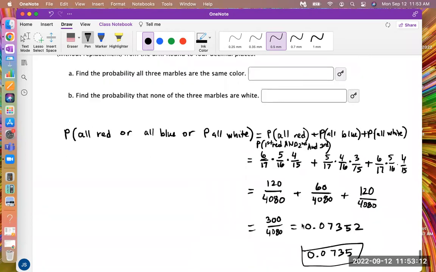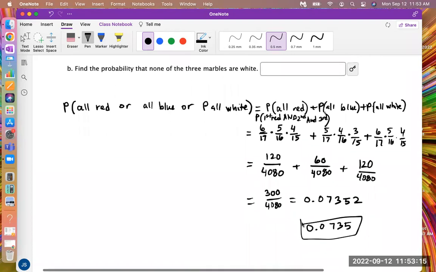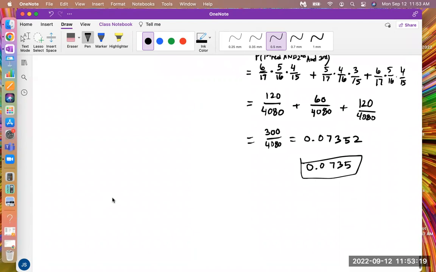Then part B says, find the probability that none of the 3 marbles are white. The probability that none are white, we could use this if we wanted to, is equal to 1 minus the probability that at least 1 is white.